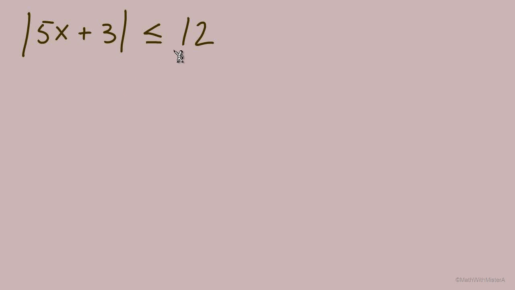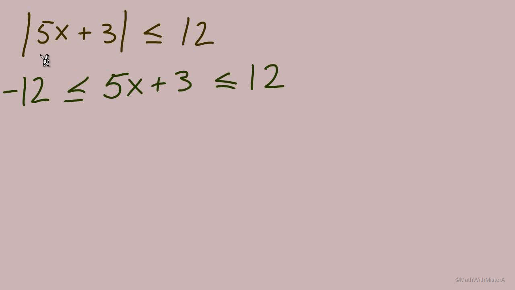With this inequality, I have to see it's less than or equal to 12. Distance from 0 is less than 12, so this is the type where I have just one interval, an interval that is between negative 12 and positive 12. The 5x plus 3 is greater than or equal to negative 12 and less than or equal to positive 12.